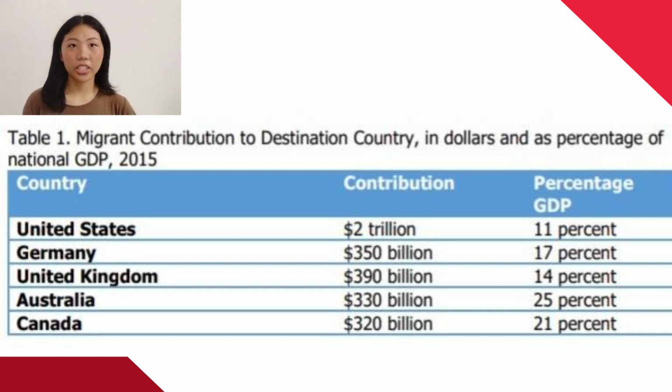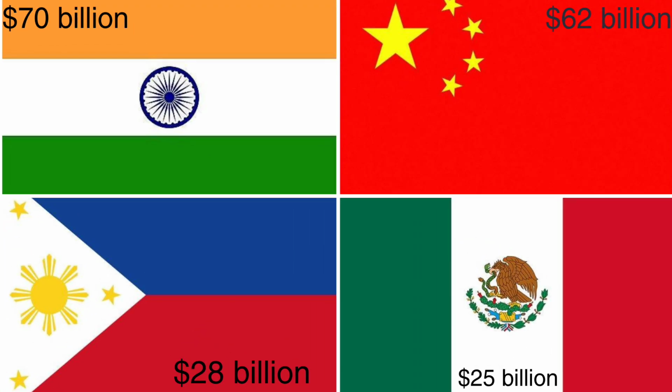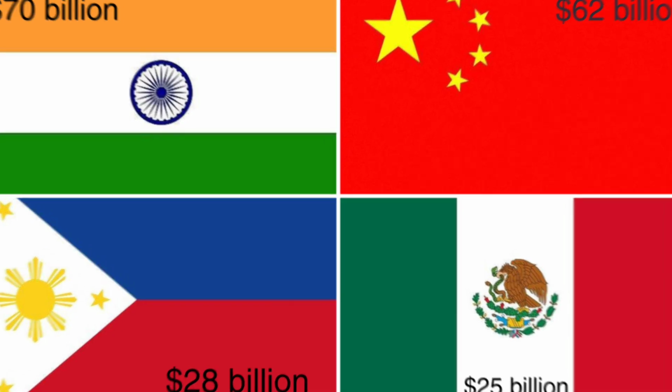Australia, $330 billion, 25%. Canada, $320 billion, 21%. In 2014, India held the highest remittances with $70 billion, followed by China with $62 billion, Philippines $28 billion, and Mexico with $25 billion.